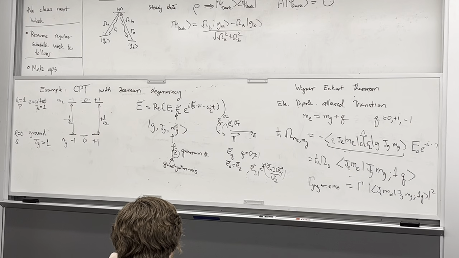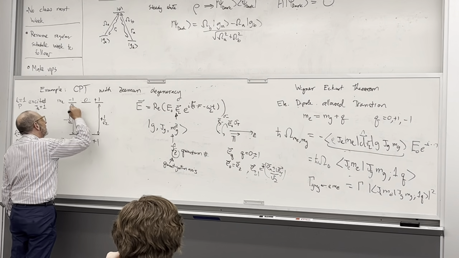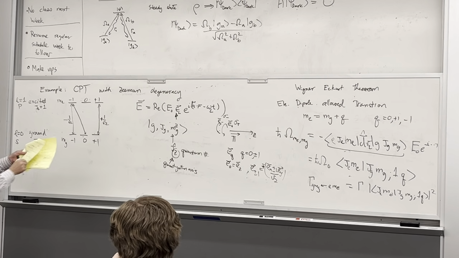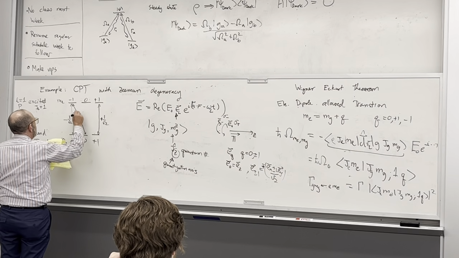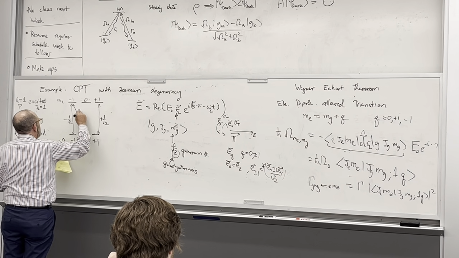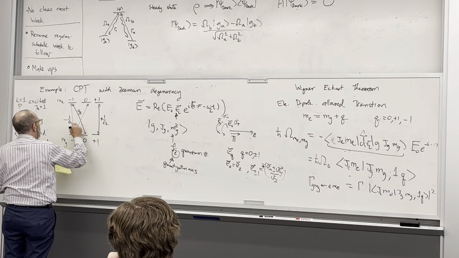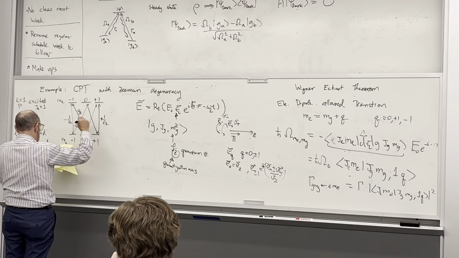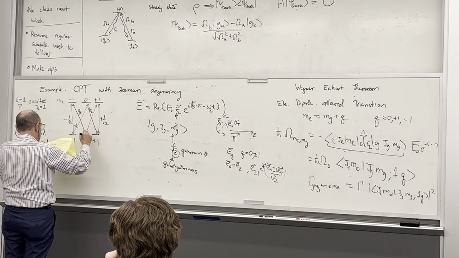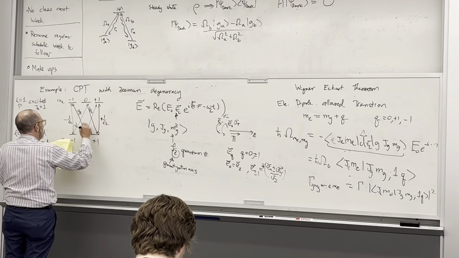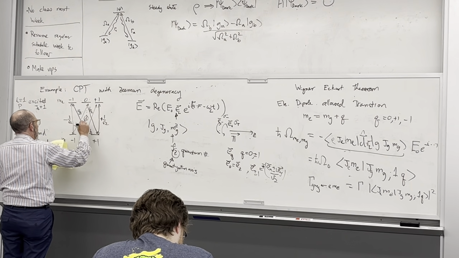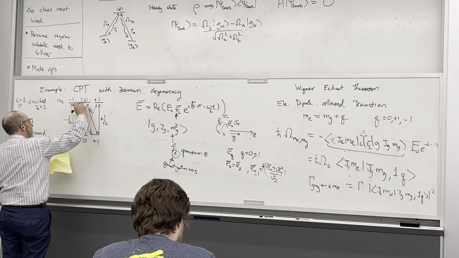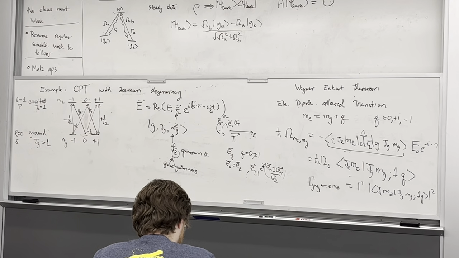And then this guy is equal to plus 1 over 2. This guy is minus 1 over root 2. And then we have a similar kind of thing here. This guy is 1 over root 2. This guy is minus 1 over root 2. And this guy is verboten. It's 0. The Clebsch-Gordan coefficient that connects those two states is 0. Okay?